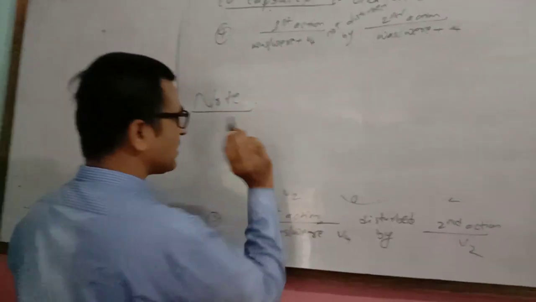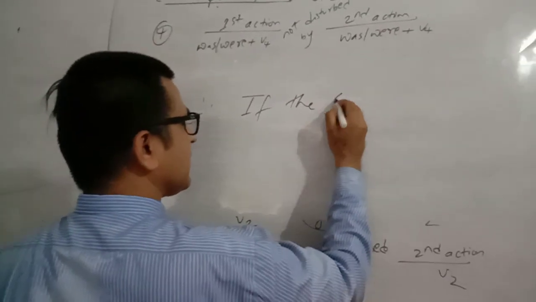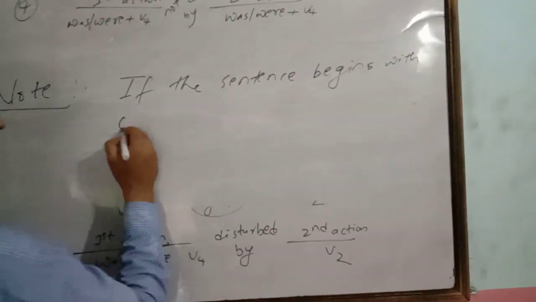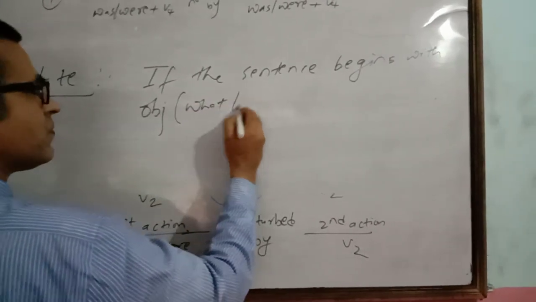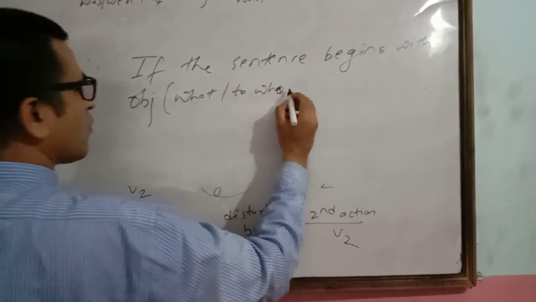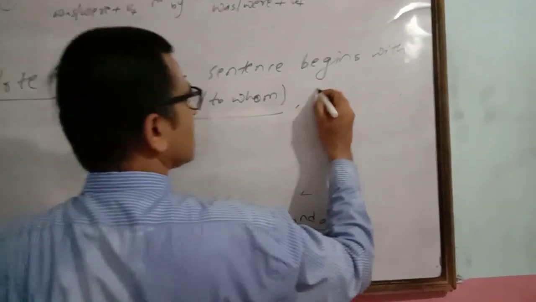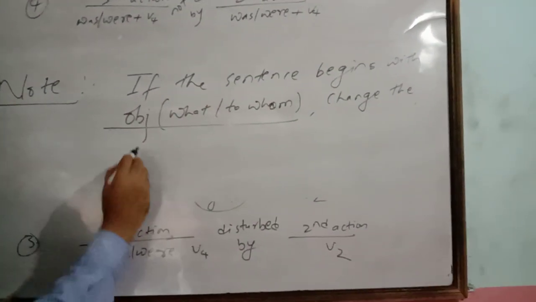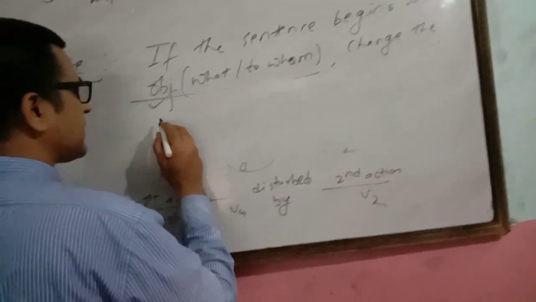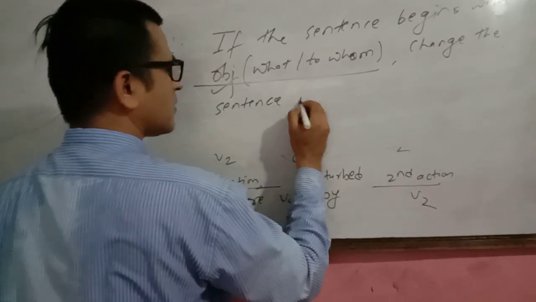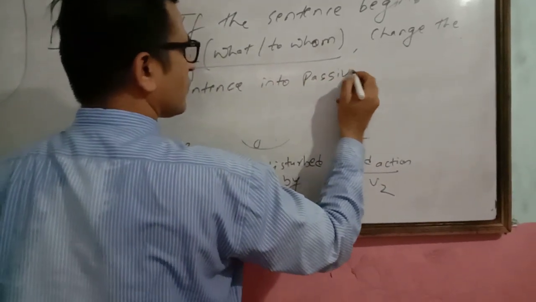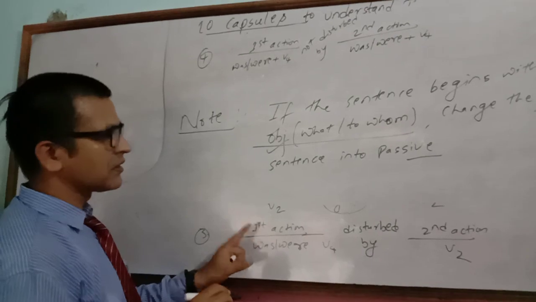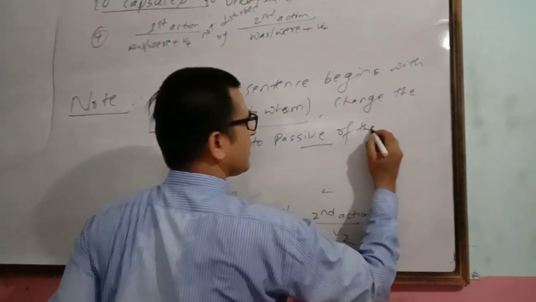Note, remember dear students, if the sentence begins with object, means answer of what and to whom, change the sentence into passive form of the same tense. Remember that.